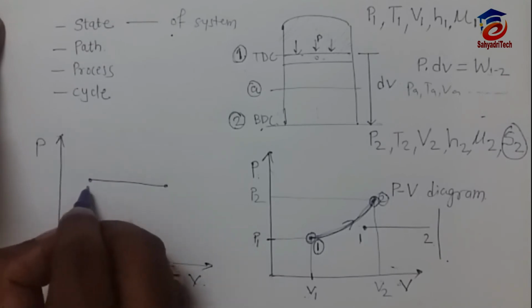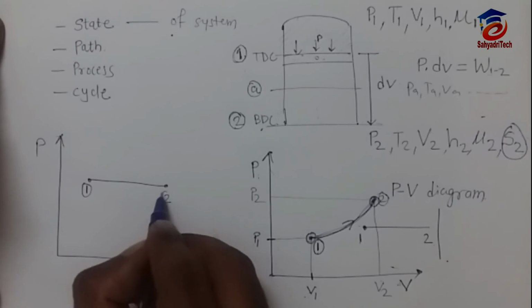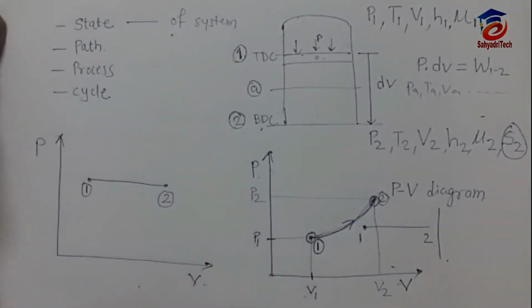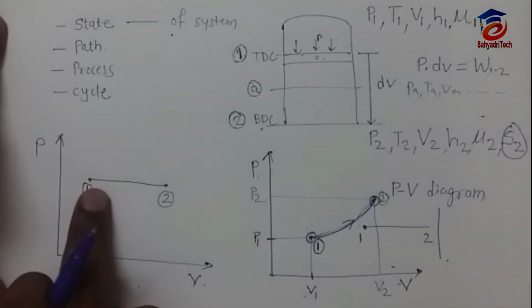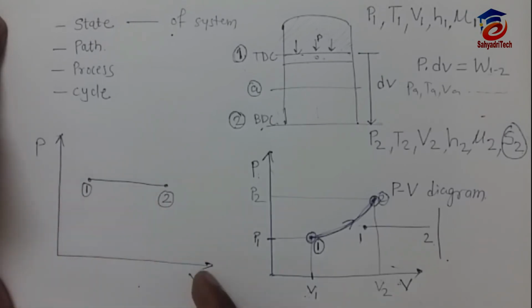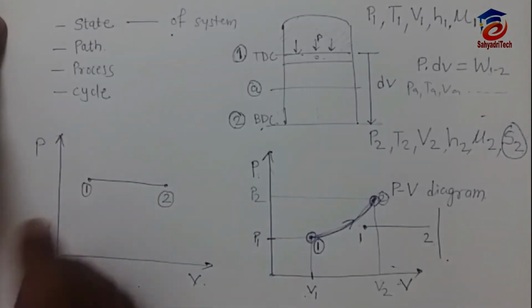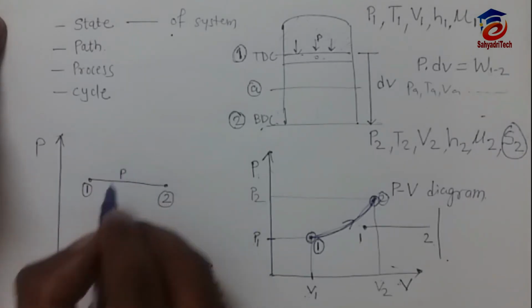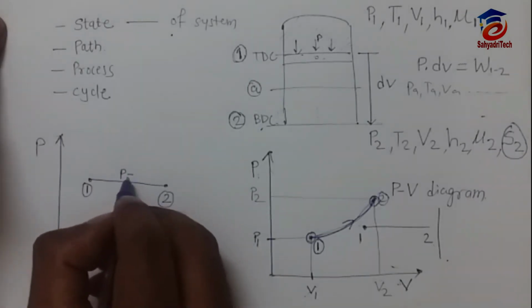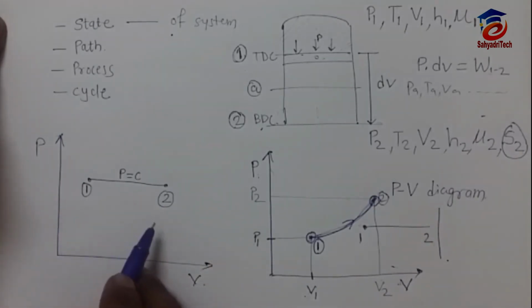I have defined the system by state 1 and by state 2. Now if I don't know its nature, we simply say path 1 2. But if I know its nature, here you can see it is parallel to the V axis, meaning P1 is equal to P2. So P is equal to C, and we call it an isobaric process.